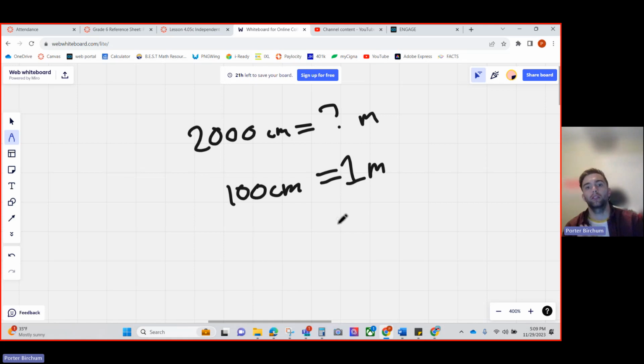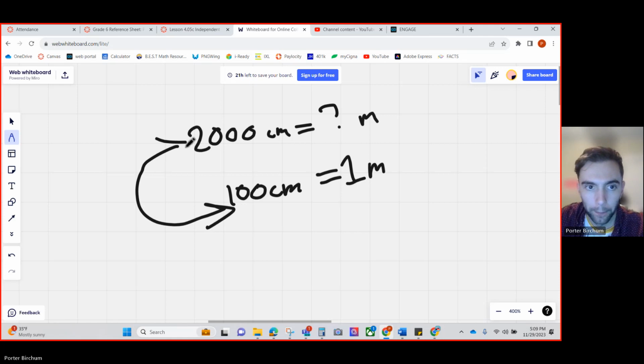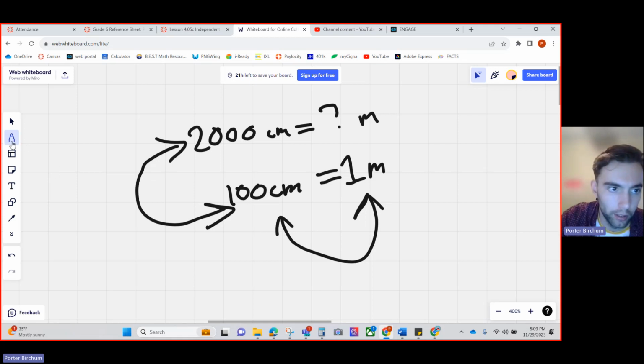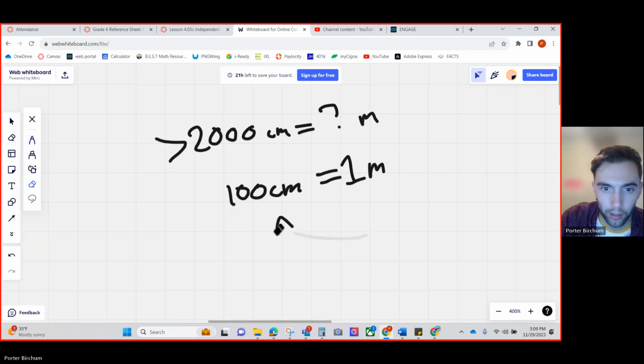Okay. Let's try and look for some patterns here. We've talked a lot about row to row patterns. We've talked a lot about column to column patterns. Columns are up and down, rows are left to right. Let's look for maybe a row to row pattern.